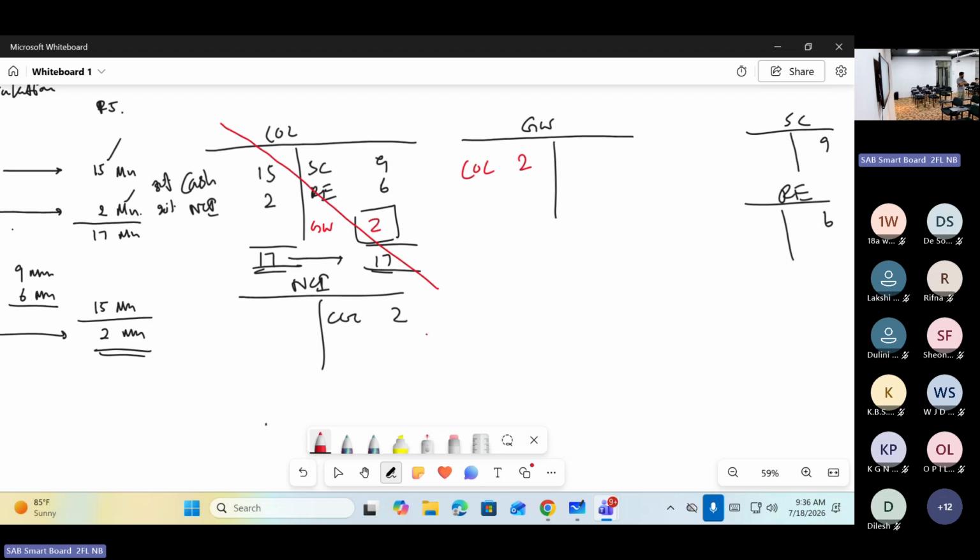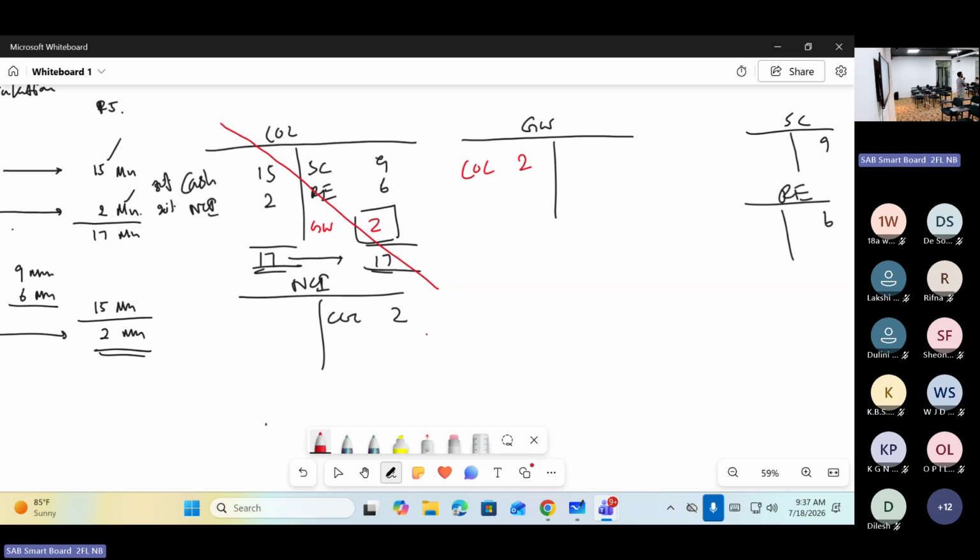First one, consideration. Second, NCI fair value, non-controlling interest fair value.